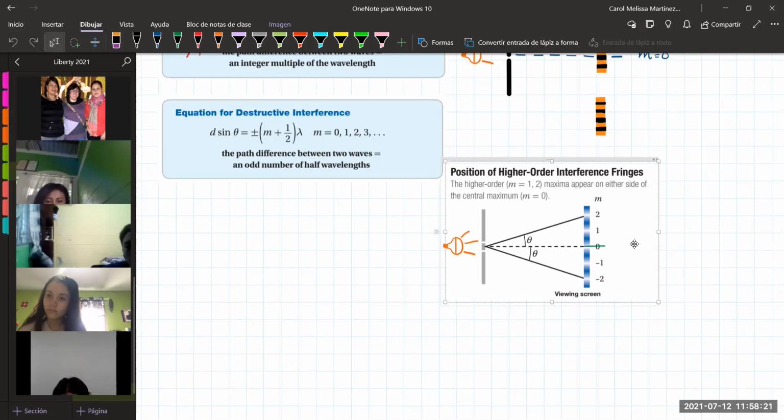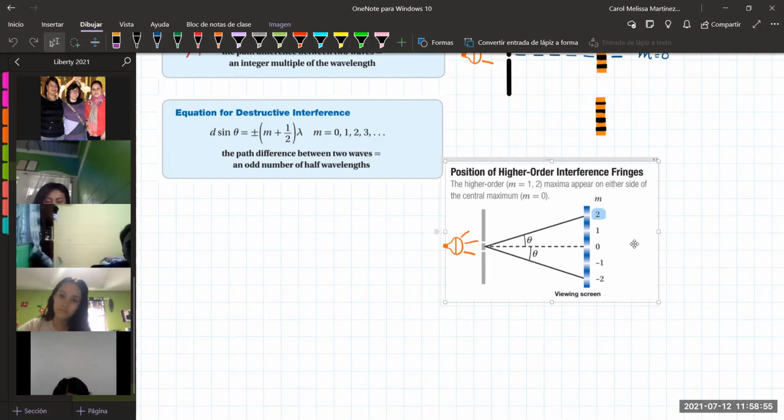The first bright fringe is this one, and the second bright fringe is this one. So basically what the problem is giving me is the angle between my principal axis and the second order maxima. The maxima shows the bright zone.